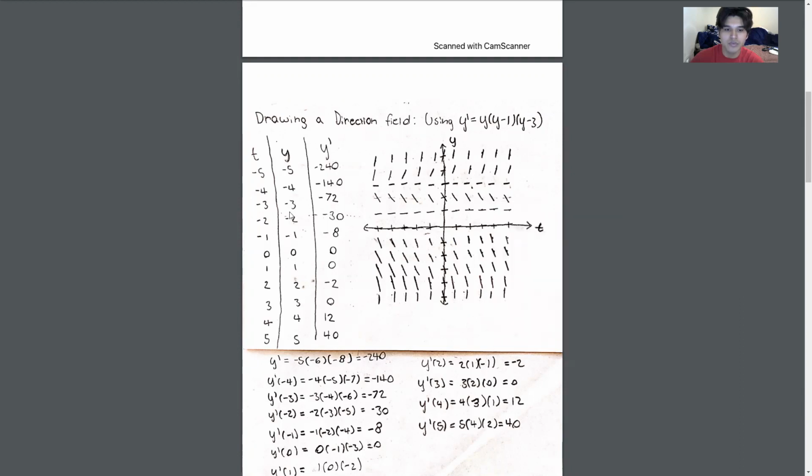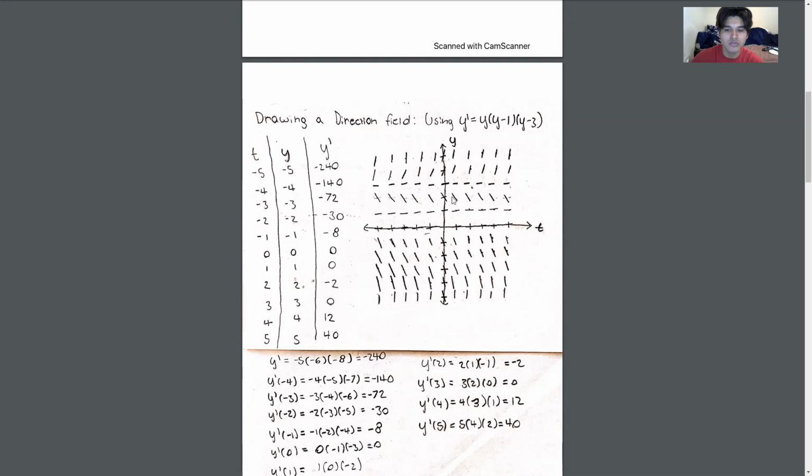So, for example, when y equals 0, our y prime is equal to 0. Thus, at the line y equals 0, the slope is horizontal. As for y equals 3, if we plug in y equals 3, then our y prime would be 0 as well.